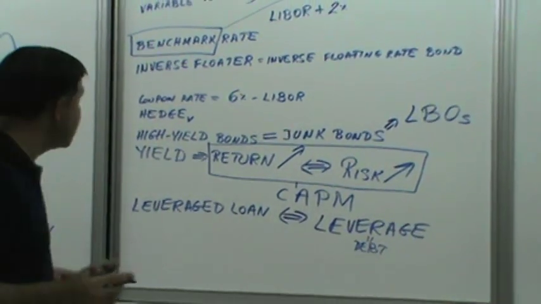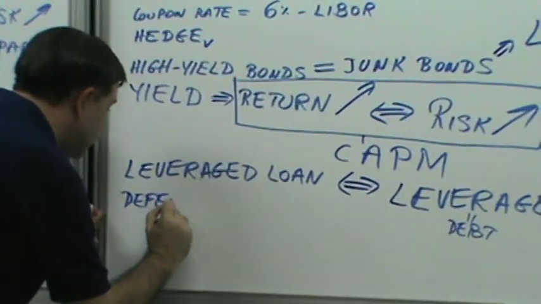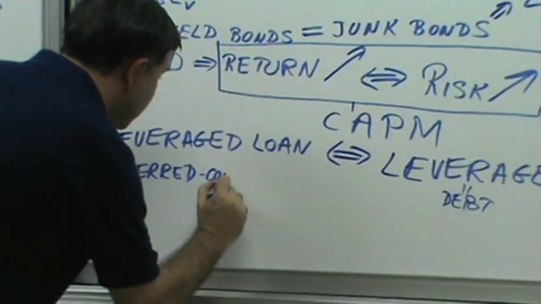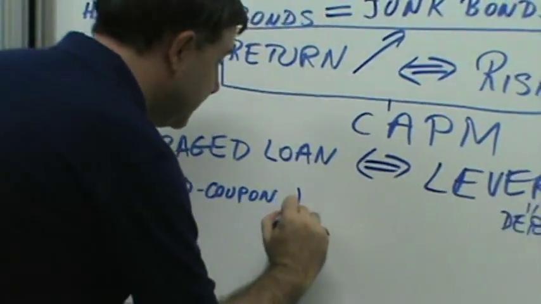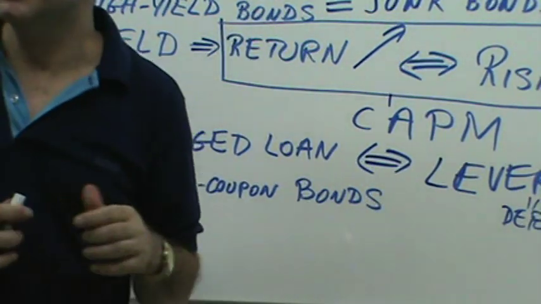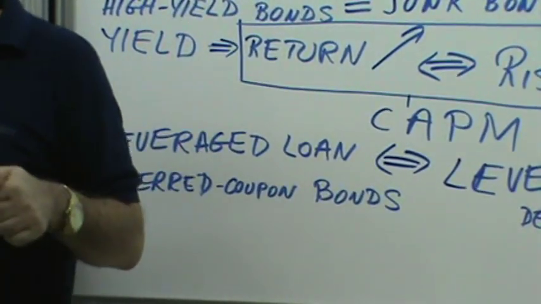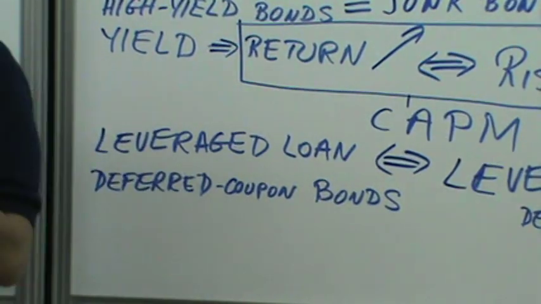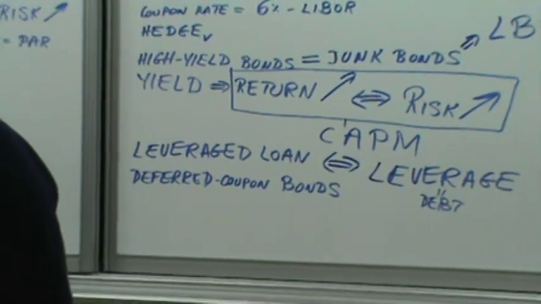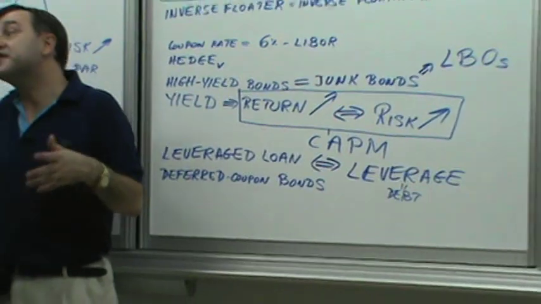And you also have what's called deferred coupon bonds. A deferred coupon bond means that the borrower does not actually pay the coupon in cash. So instead of paying in cash, they use something else.